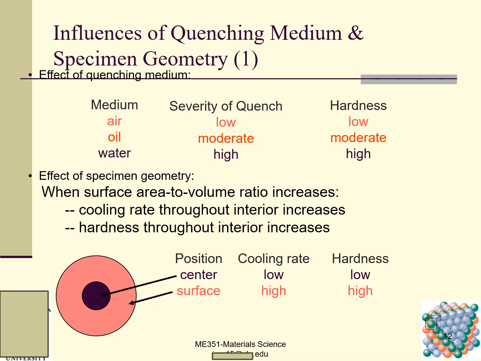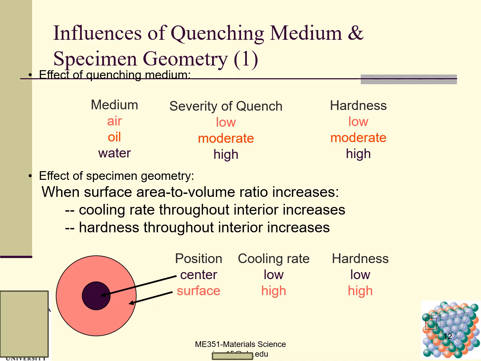If the surface area to volume ratio increases, that means the specimen has more surface to release the heat, and as a result you get more locations in this material with a cooling rate high enough to form martensite.